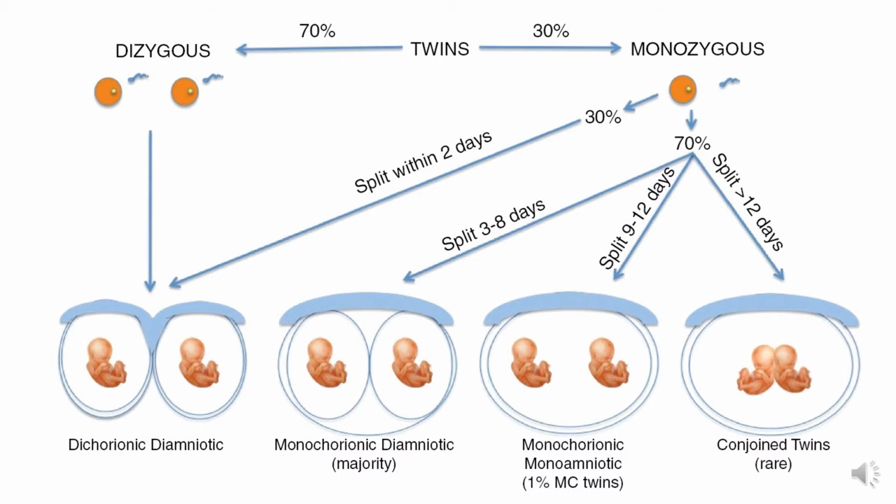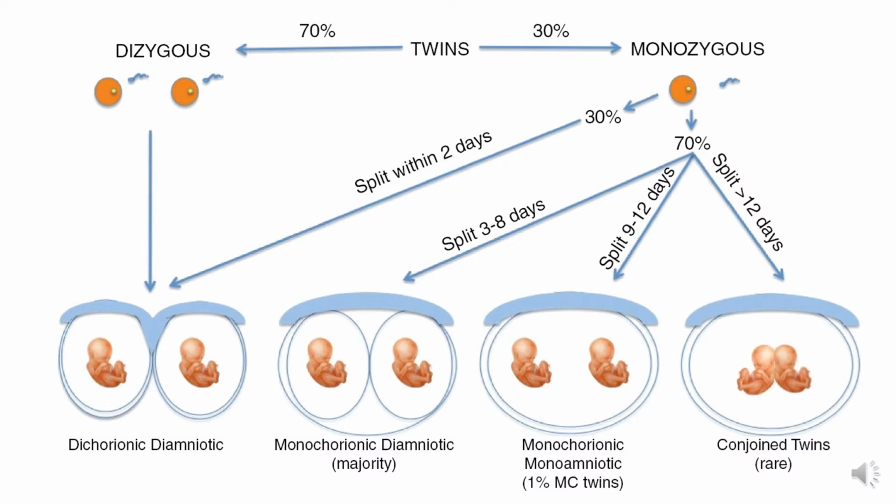So you have one egg, one sperm, and then they're splitting at different points of time. If you split early, so it says here in the first 2 days, some texts say in the first 72 hours, whatever. Early splitting, well, you have to remember, you get a dichorionic, diamniotic, okay? They're splitting, and you're getting the most differences between the two pregnancies.